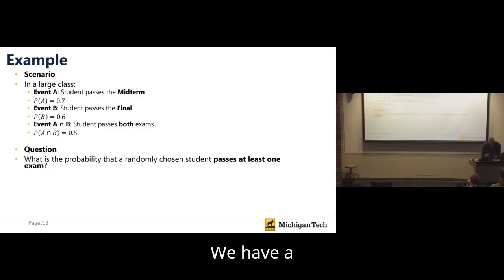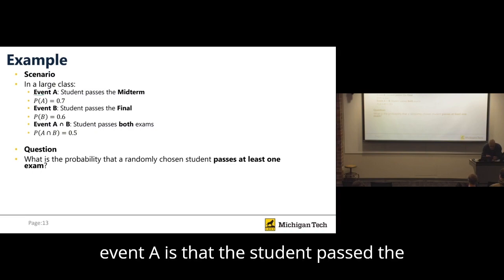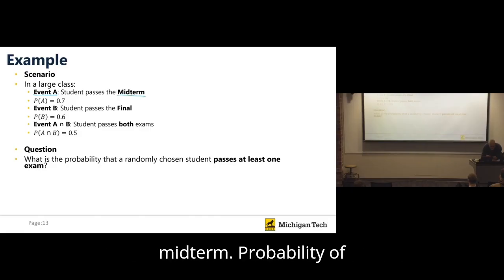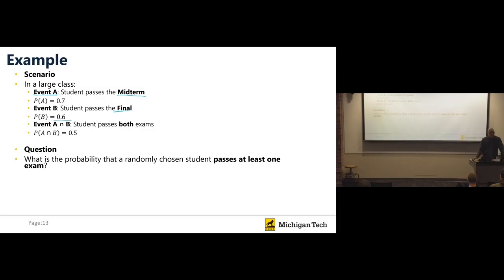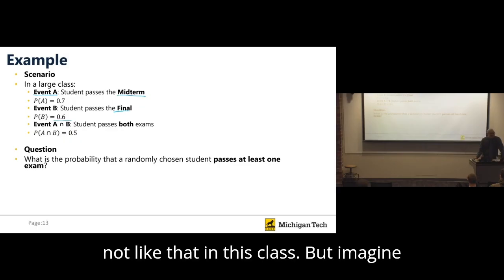Okay, last example for today is this one. We have a large class. Imagine your class. Event A is that a student passed the midterm. Probability of passing the midterm is, for example, 0.7. 70% pass the midterm. And passing the final is 60%. I'm sure it's not like that in this class, but imagine it is.